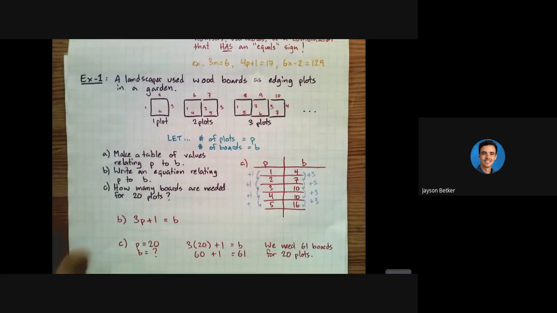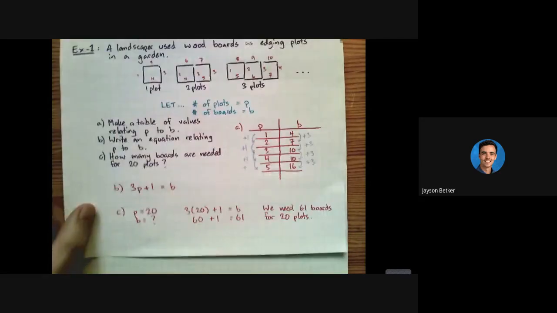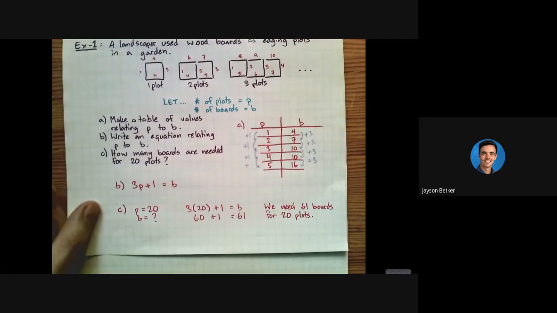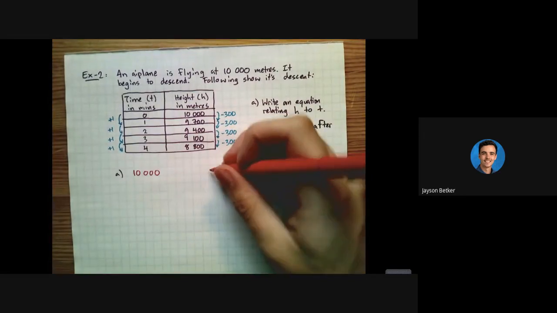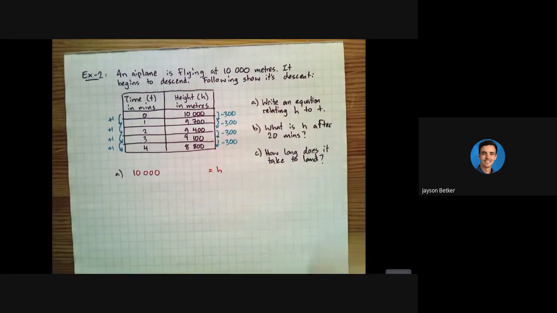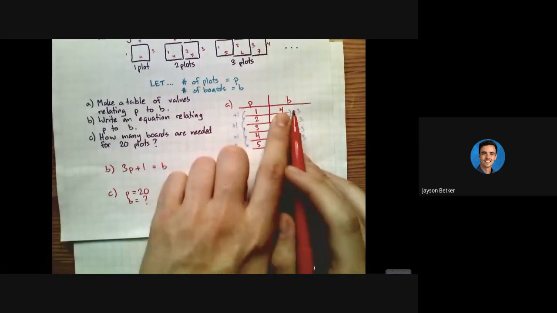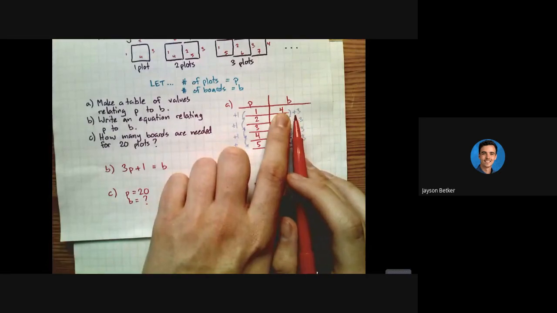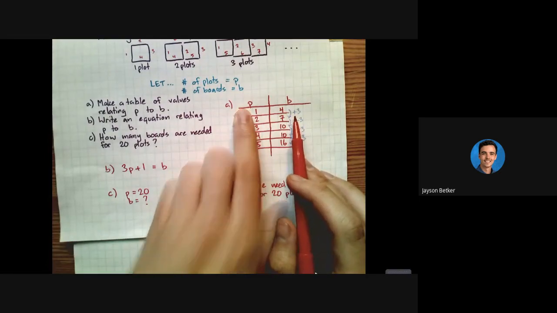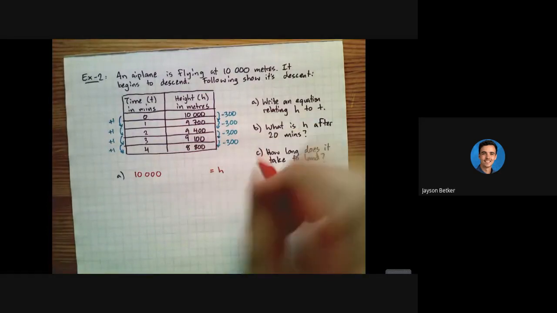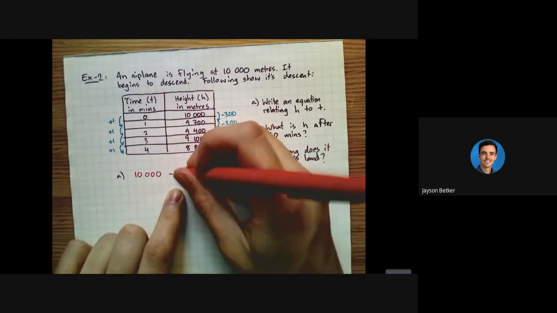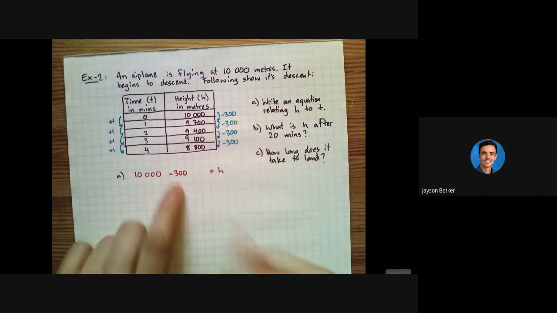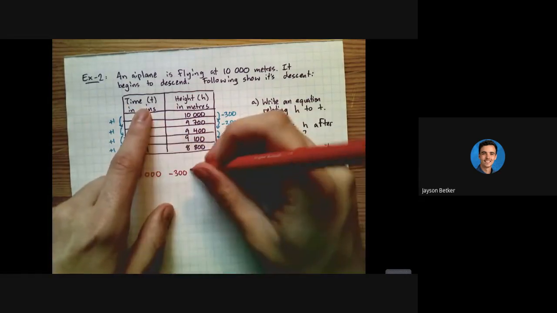So 10,000 is my base number, my base height. And I have to find out the relationship to find H. So what changes every single time? Well, here what changed every time was I added a +3 times the other variable, which was P. So in this case, I'm figuring out what my relationship is here. It's -300 times my other variable, which is T.